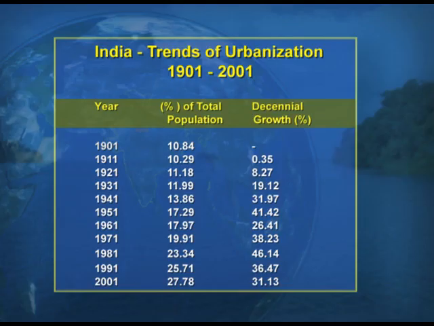So, from 1901 to 2001, the percentage of the total population increased from 10.84 to 27.84, which is quite a heavy increase.